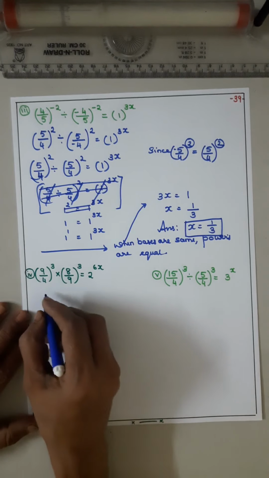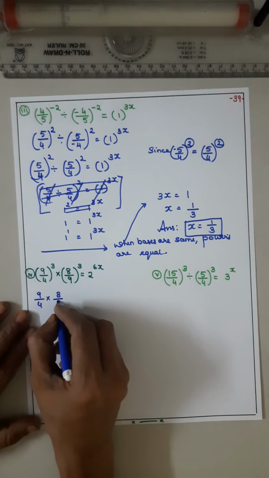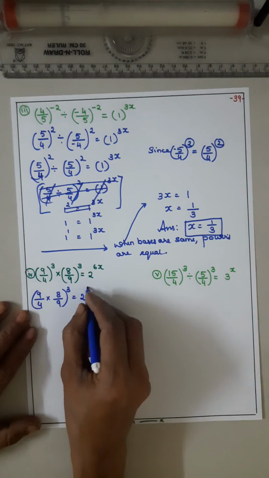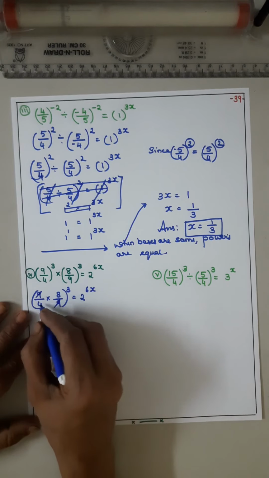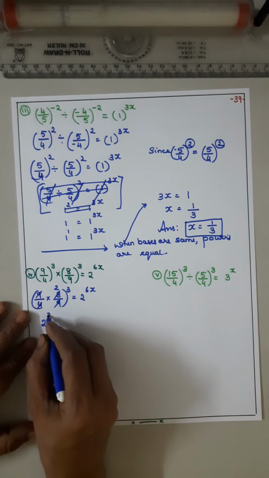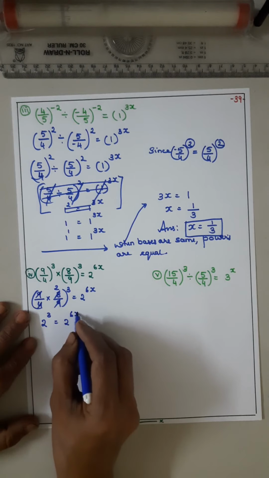So what will you do? 9 by 4 into 8 by 9 the whole raised to 3 is equal to 2 to the power 6x. So 9 get cancelled, 4 ones are 4, 4 twos are 8. So it became 2 to the power 3 and 2 to the power 6x.